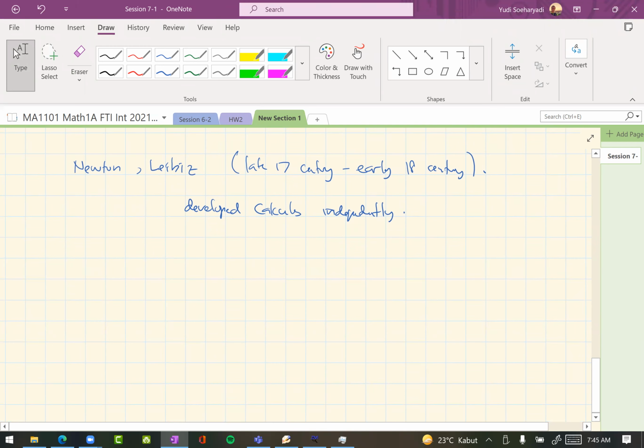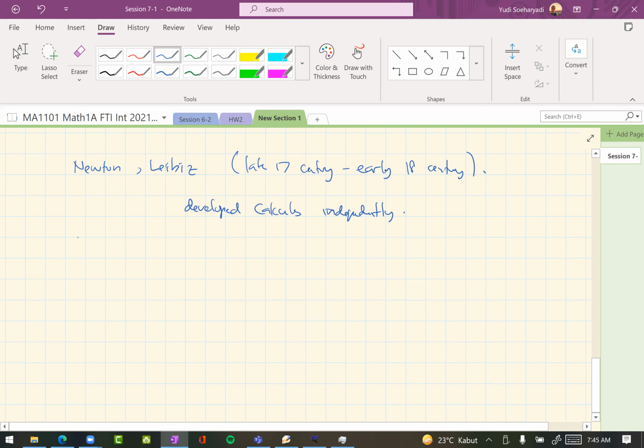At the time, transportation was not that easy, and Newton and Leibniz never actually met. They had separate calculus.